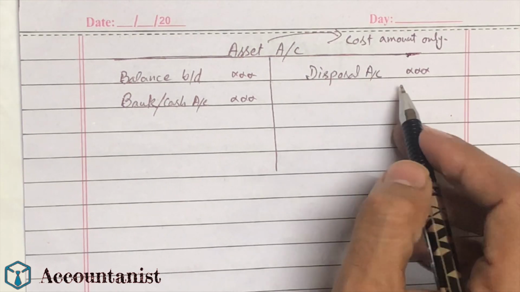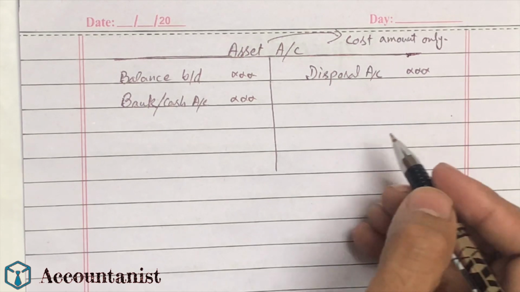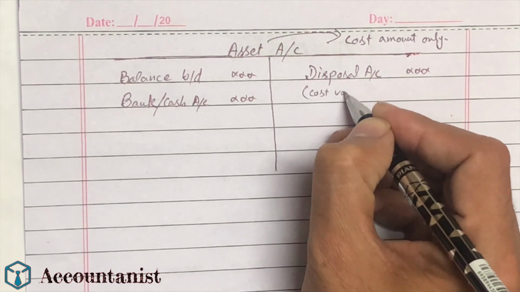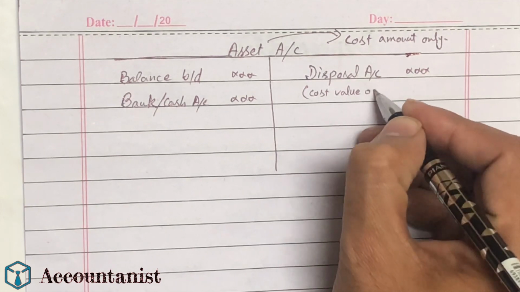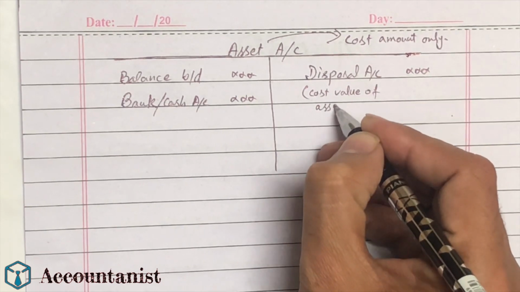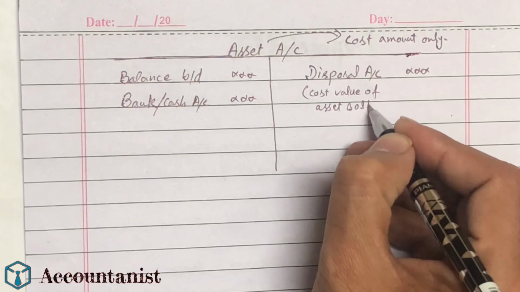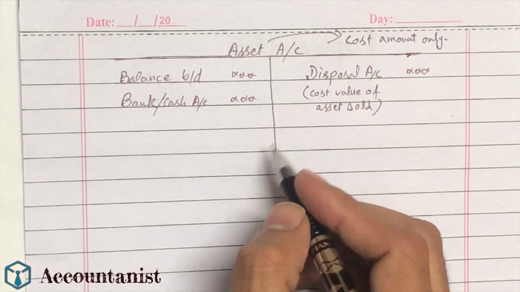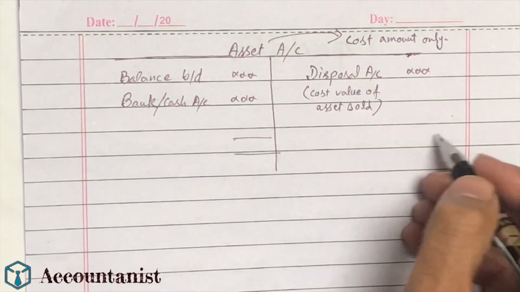So we'll write down the cost value of the asset sold here. So only 3 transactions most of the time come into this account.